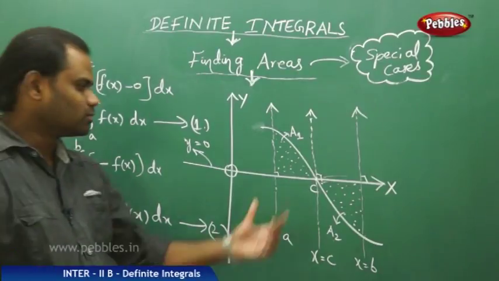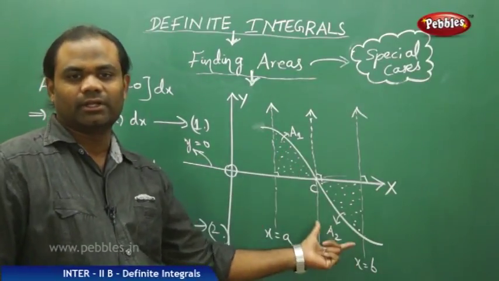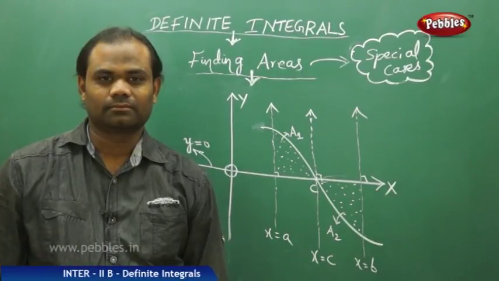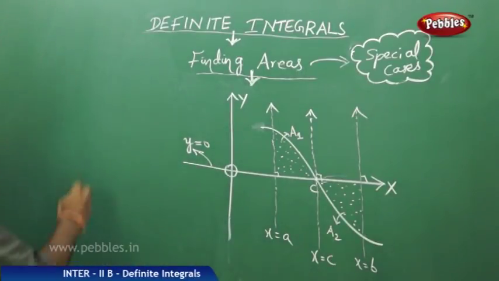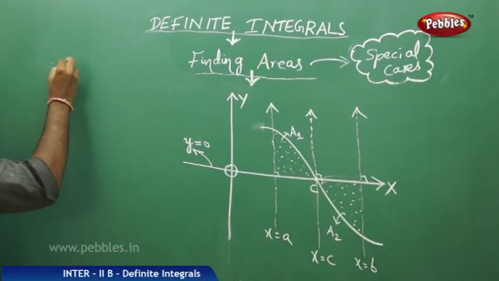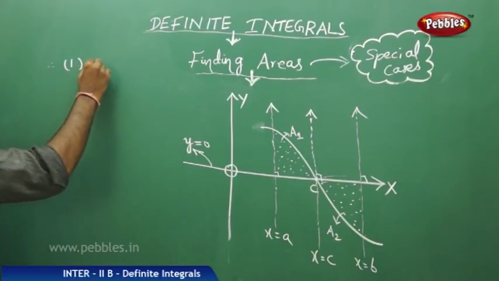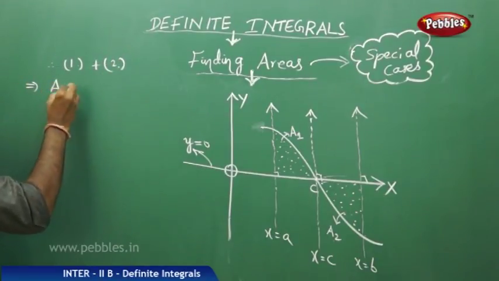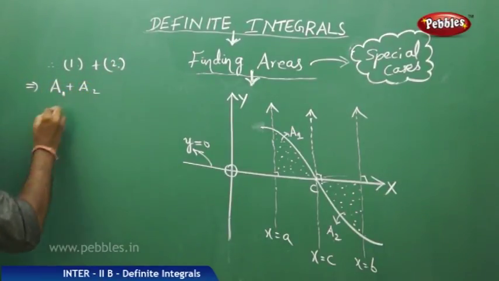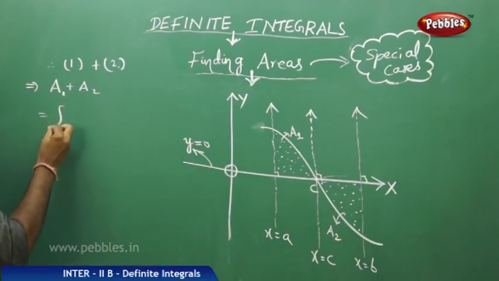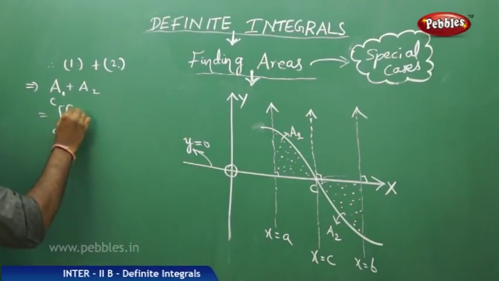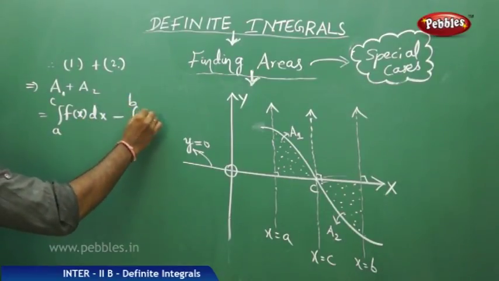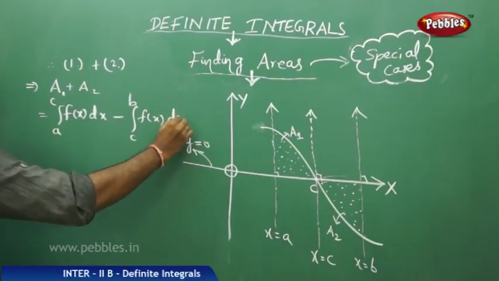Now in order to find the total area, we add A1 and A2, then we get the overall answer. Therefore, adding equations 1 and 2, A1 plus A2 would be the integral from a to c of f of x dx minus the integral from c to b of f of x dx.